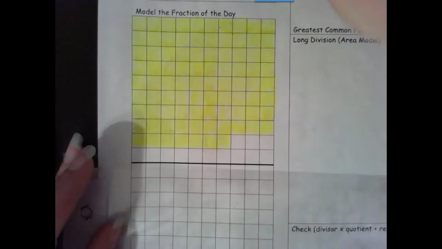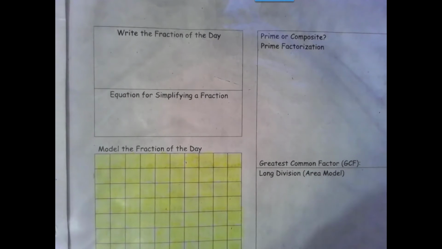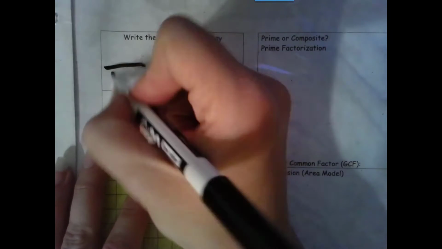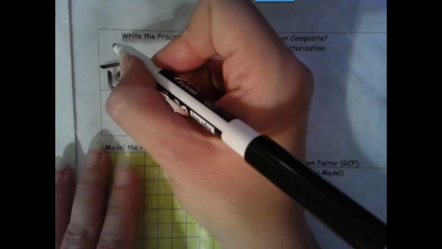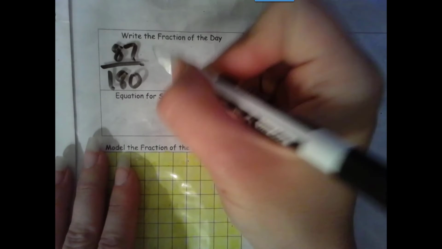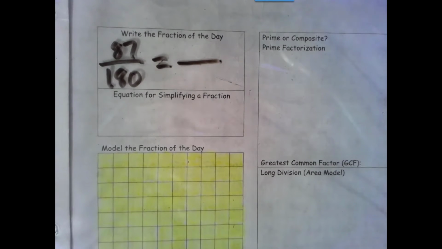Alright, let's get down our beginning fraction and think if that numerator is prime or composite. 180 school days is our denominator, and we are on day 87. It's not even, so that won't help me figure out if it's prime or composite.